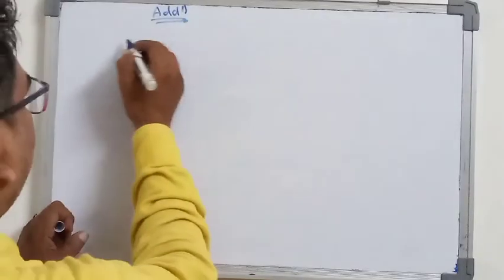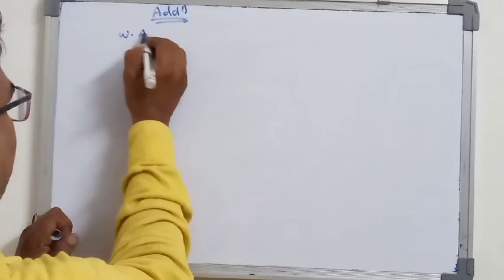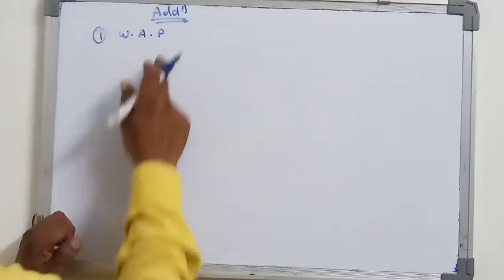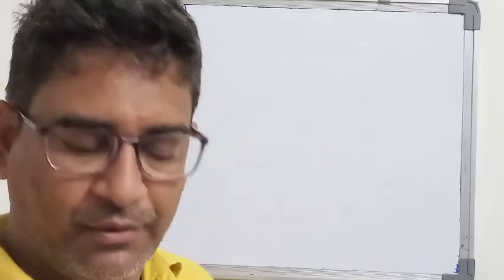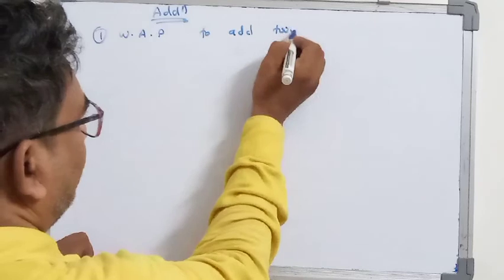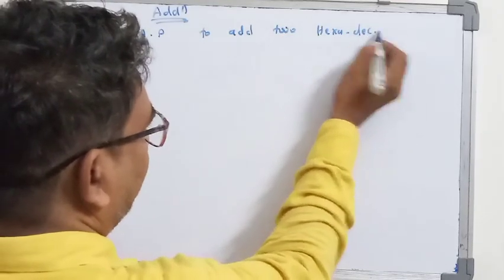Okay students, suppose two numbers have been given, write the assembly language program. WAP is nothing but write assembly language program. Write an assembly language program to add two hexadecimal numbers.